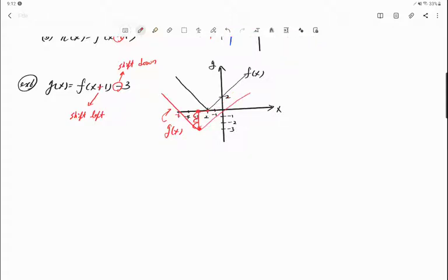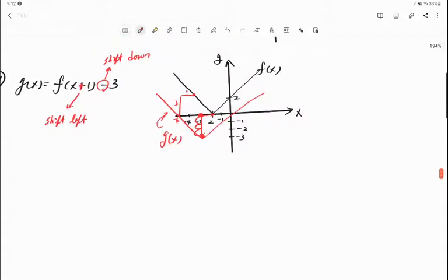So all points in the original should move 1 unit left, and then 3 units down. So this graph should go across the origin.